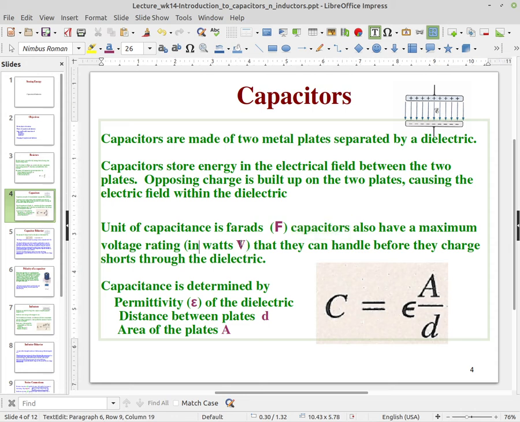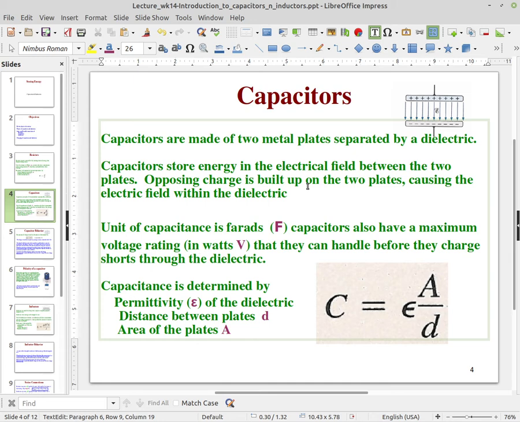So when you're purchasing a capacitor, you need to know what the maximum voltage across those plates is going to be. The reason for that is if the voltage is too high, it can actually jump through the dielectric, or basically burn a hole through the dielectric.